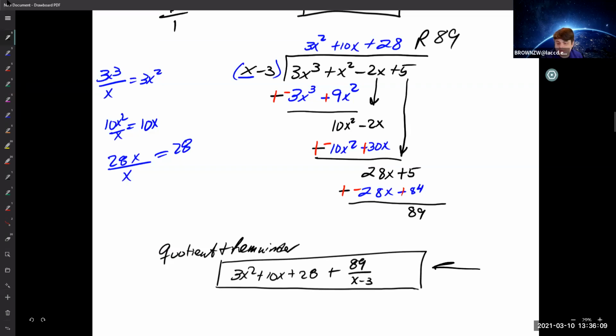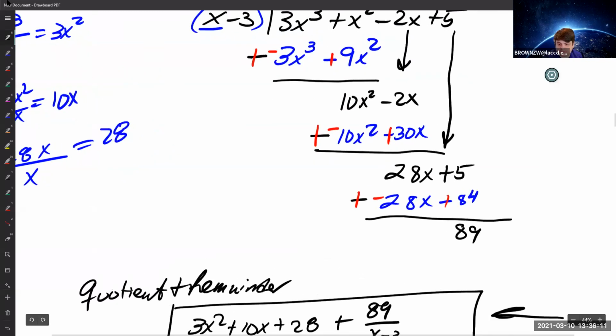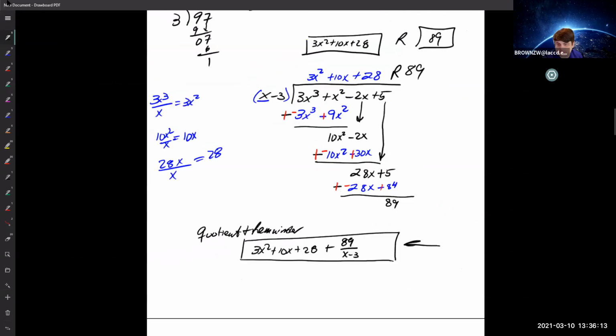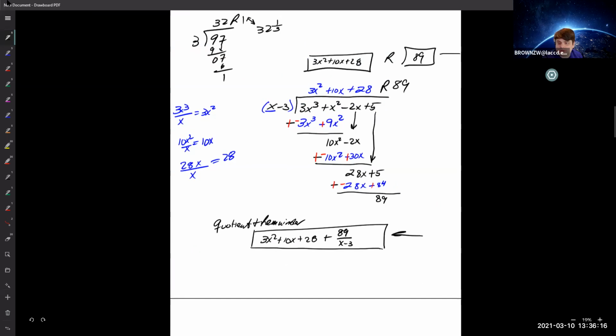And once again, the homework will be very, very clear which one of the two forms it's asking for. Okay.